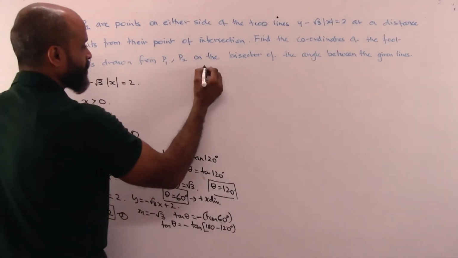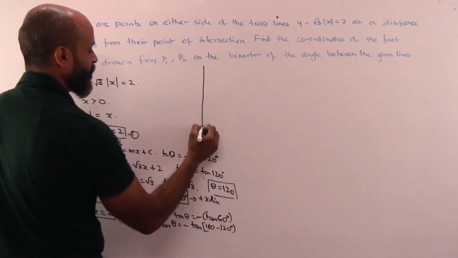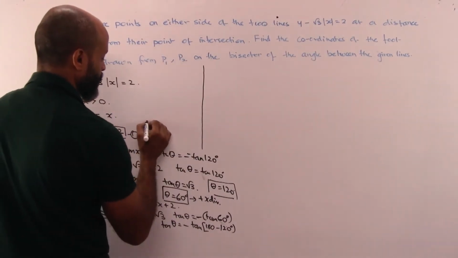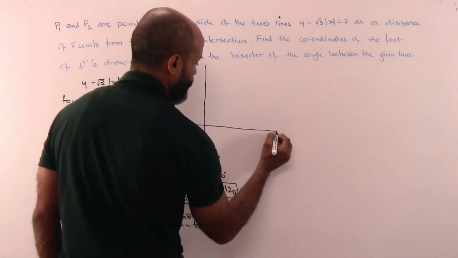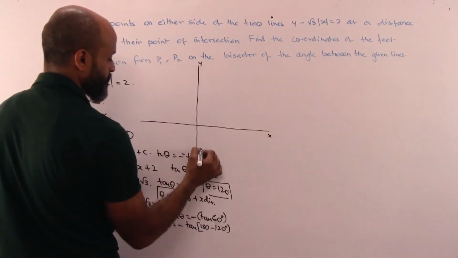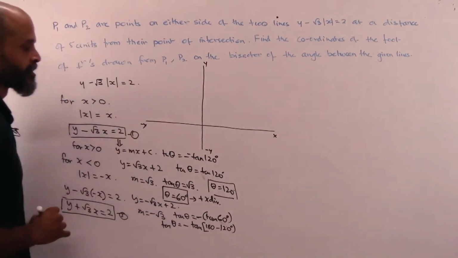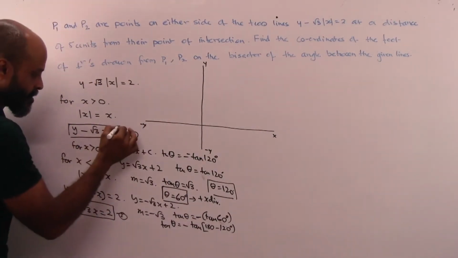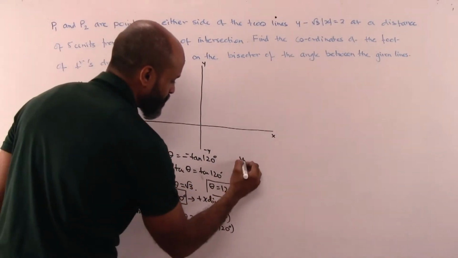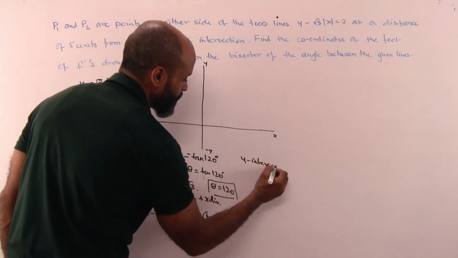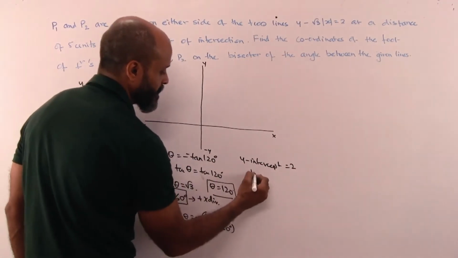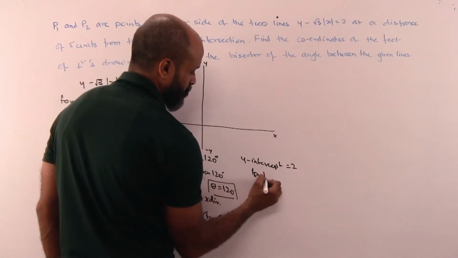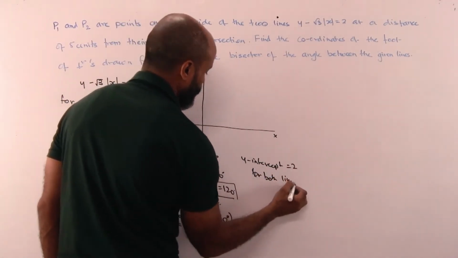So let's say we have the y axis here, and this is the x axis. See, for both the lines the y intercept is 2.